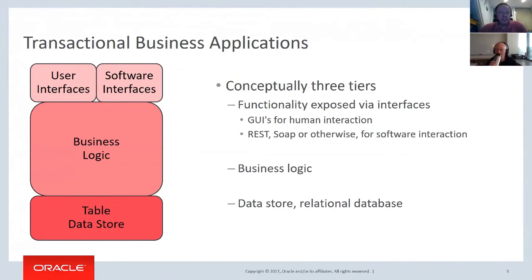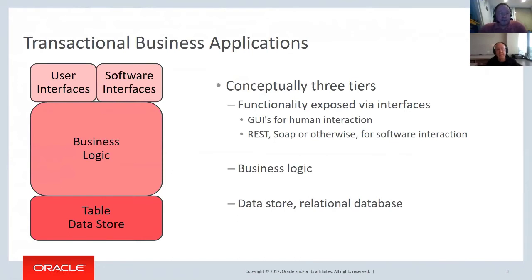These business applications that do transactions conceptually have, at a very high level, 3 layers of software or code, or however you want to call it. They have at the bottom the table store, the data store that has all the tables. In the middle, this thing called business logic, and I'll be talking about that the next 15-20 minutes.